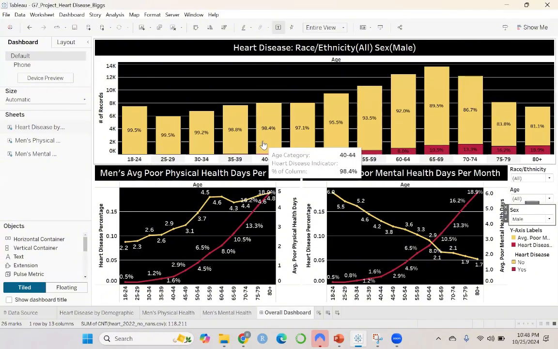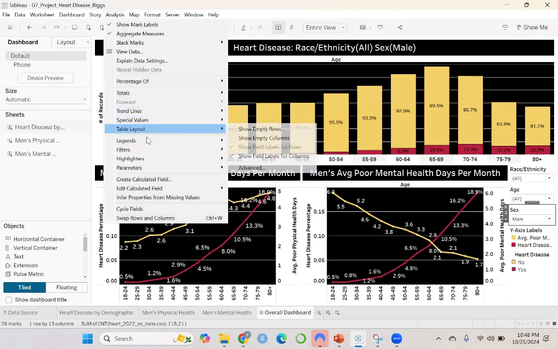And below that, we put our two double axis line graphs.